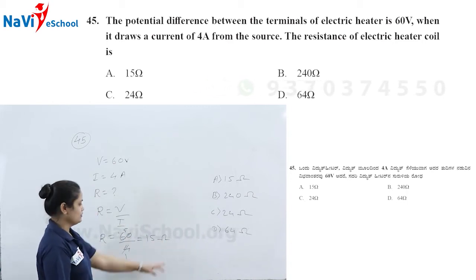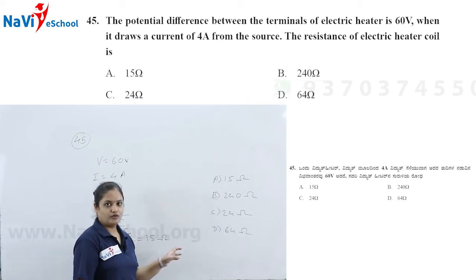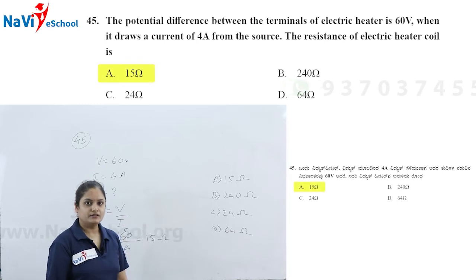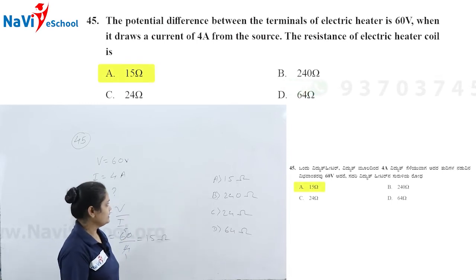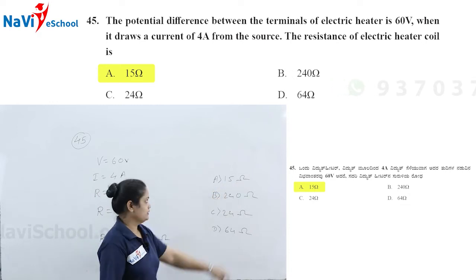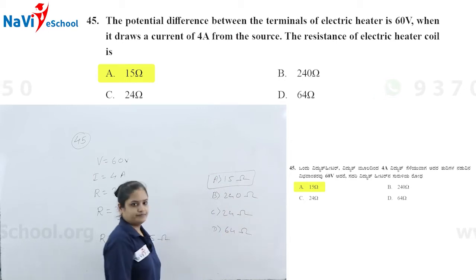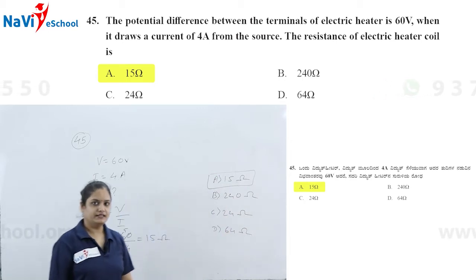Resistance SI unit is ohm, that's why here R is equal to 15 ohm. So here children, resistance of the heater coil is 15 ohms. It means option A is correct. Is that clear?